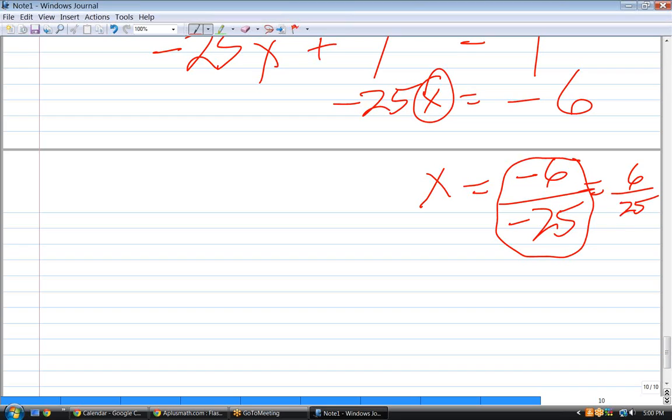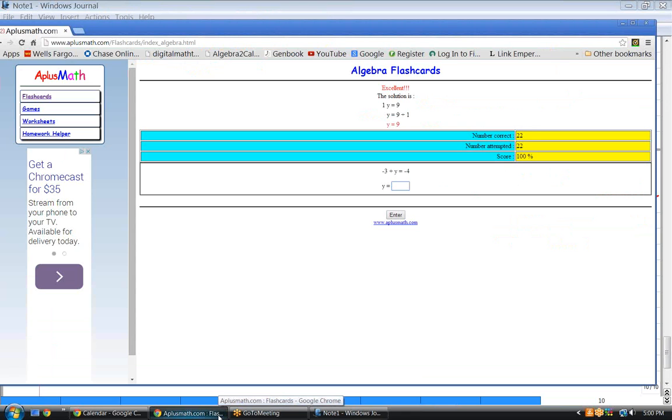All right. That was very good tonight. Do you have this A plus math? Yeah, I saved it to my favorites. Okay, good. You might check out the algebra, although these aren't very hard, and you were pretty good at these, but you want to get perfect.